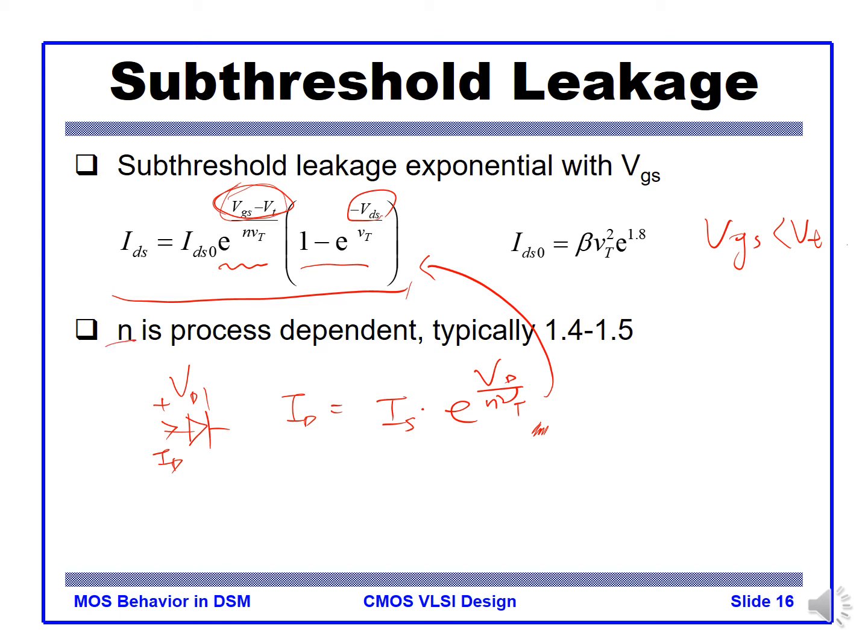Here N is some process dependent variable that is typically approximately 1.4 to 1.5. So in the sub-threshold region, the actual current grows exponentially with the overdrive voltage.